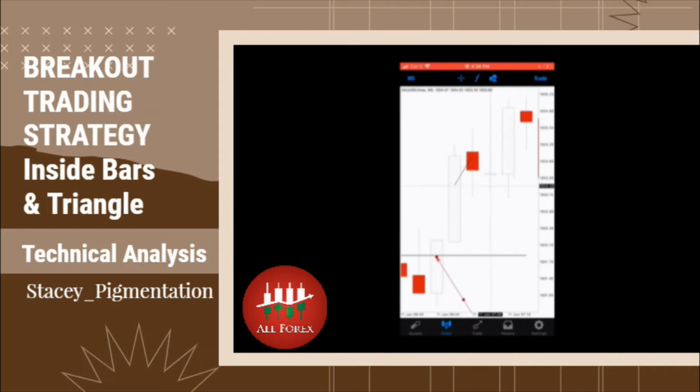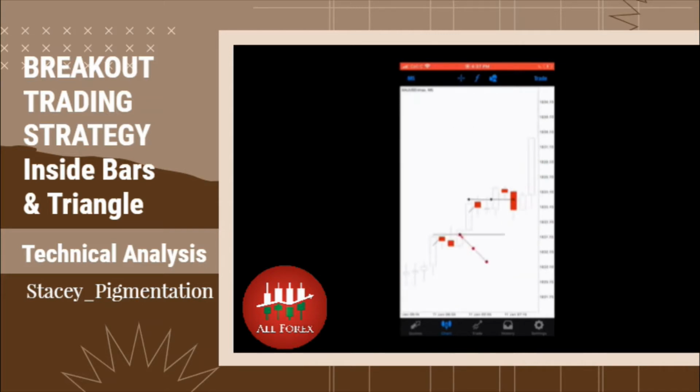So I repeat the same thing. I locate my breakout level at the high of the mother bar, and then put a pending order at 1834. When the price triggers here, it is going to go up. So don't panic if the price breaks and then comes back again.